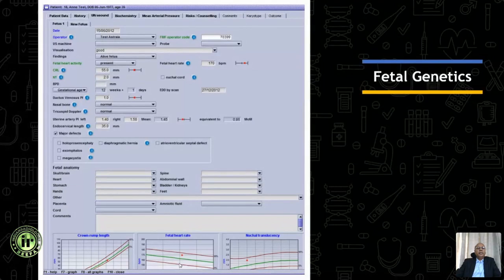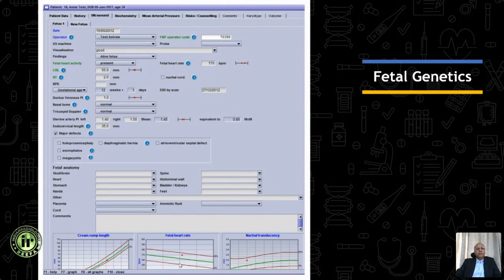The input page for the present details would have the CRL, the nuchal translucency thickness, the nasal bone presence or absence, the tricuspid valve regurgitation, ductus venosus regurgitation, the uterine Dopplers and their PIs.